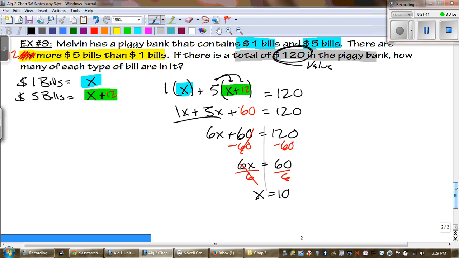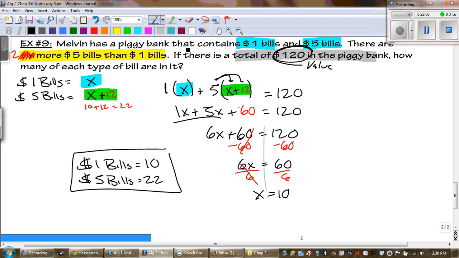So the final part is how many $1 bills and how many $5 bills? Well, the $1 bills equal 10. That's what we just figured out. And then 10 plus 12, that equals 22. And that's your final answer.